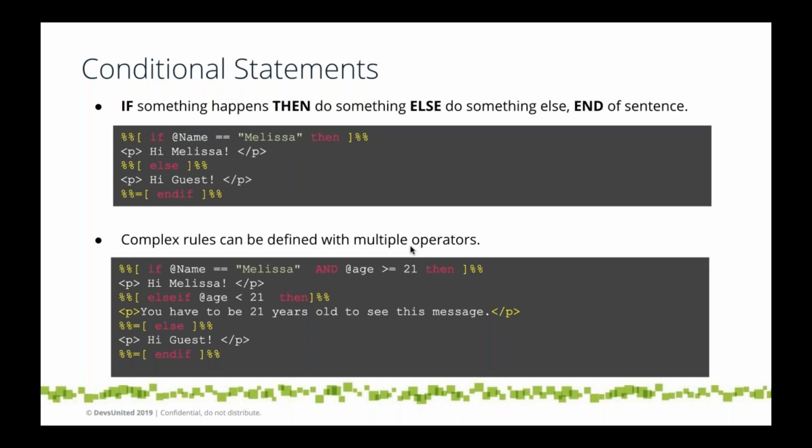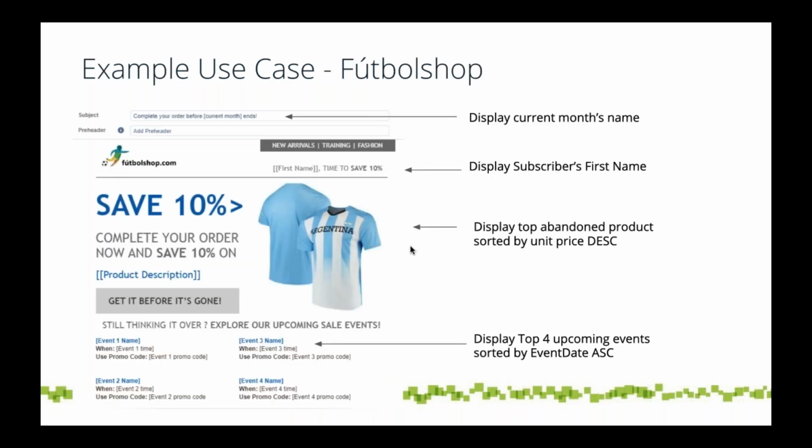So let's go towards the use case. So example use case, what we did on the first session, we had this football shop email. We wanted to print the current month's name in the subject line. We wanted to print the subscriber's first name in here.